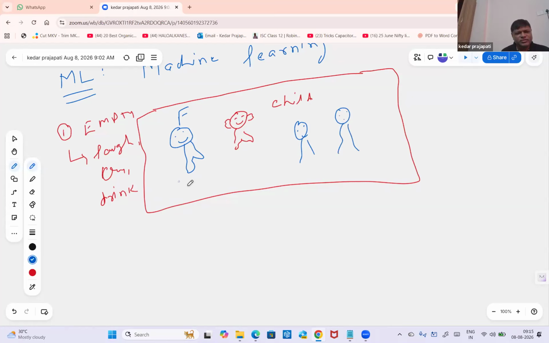And suppose this father speaks Tamil. Mother speaks English, something like that. And his friend speaks Hindi. Now, these people are around the child and they are talking normally every day.